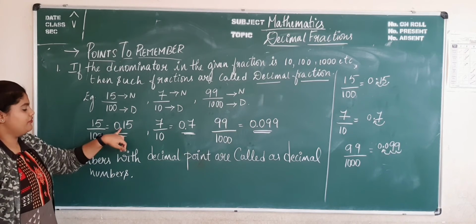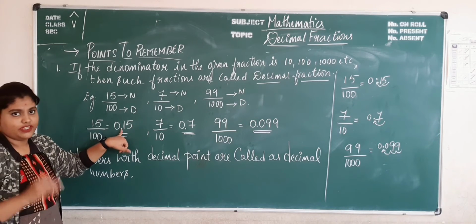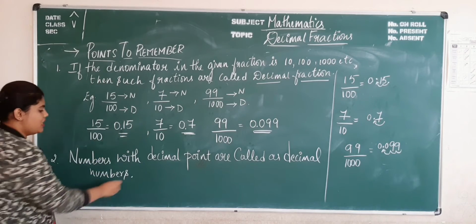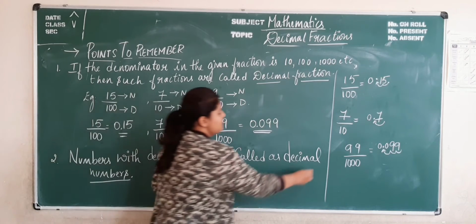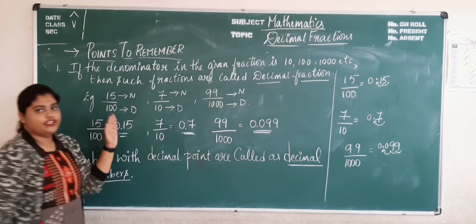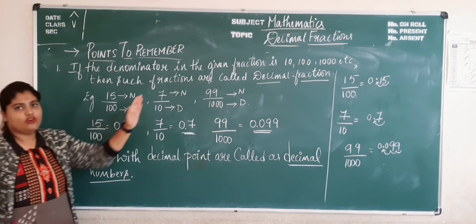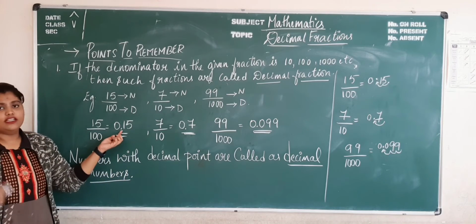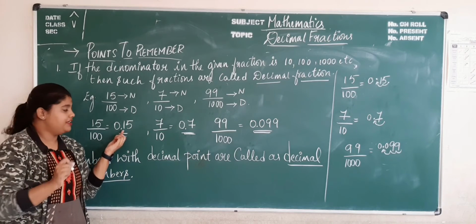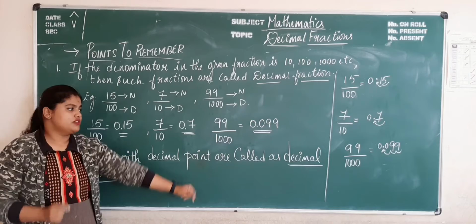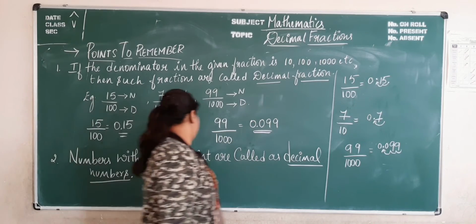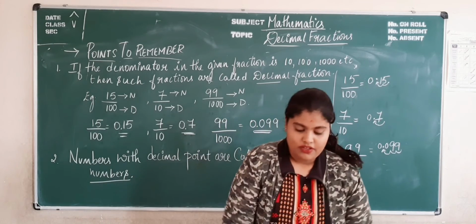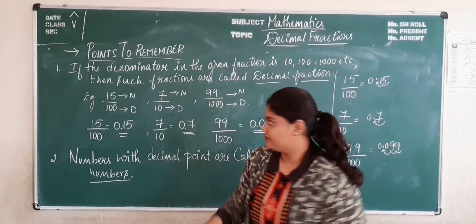So if we write a decimal point in between the numbers, then such numbers are called decimal numbers. If the denominator is 10, 100 or 1000, then it is a decimal fraction. If we write a point or decimal point in between numbers, then such numbers are called decimal numbers.